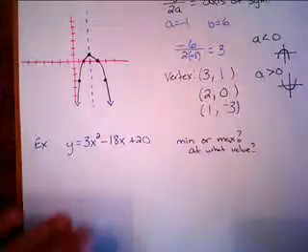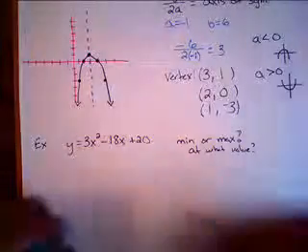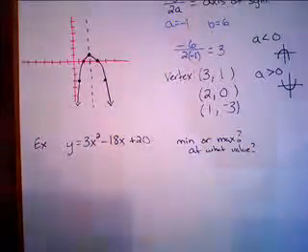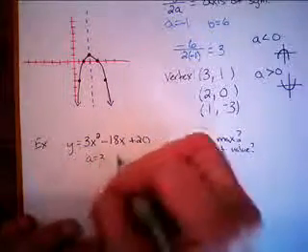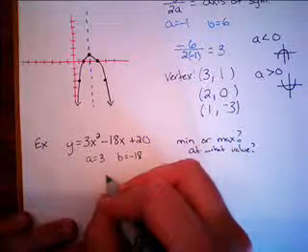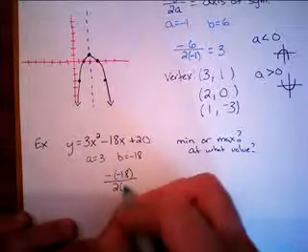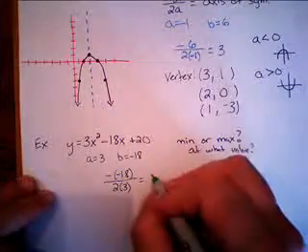Okay, so really to find the minimum or maximum, you say, well, I got to find the vertex. So we're using that formula, negative b over 2a, and that will tell you. So our a is 3, our b is negative 18, so you just plug it in. Negative 18 over 2a is going to get you 3.